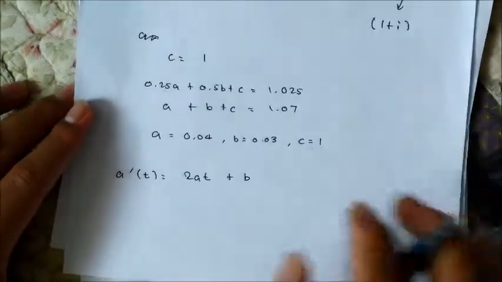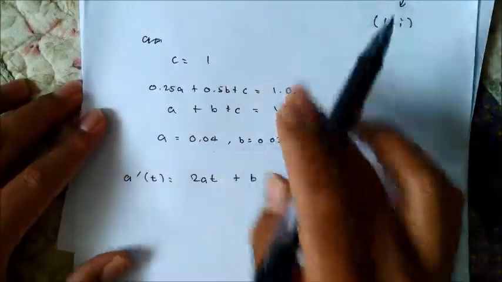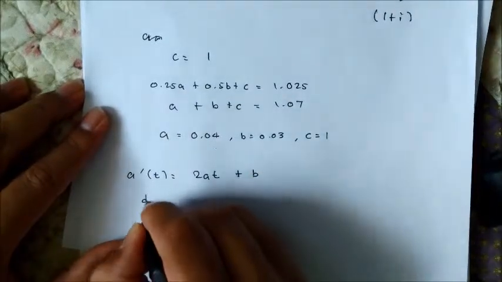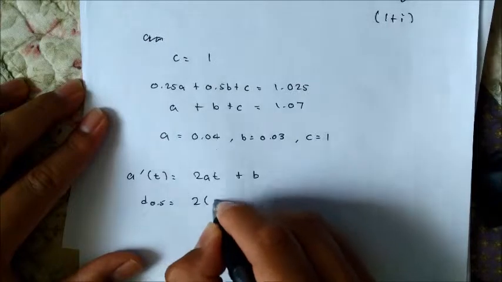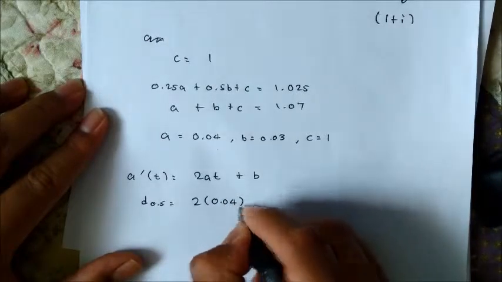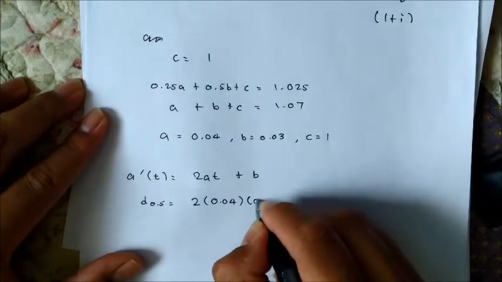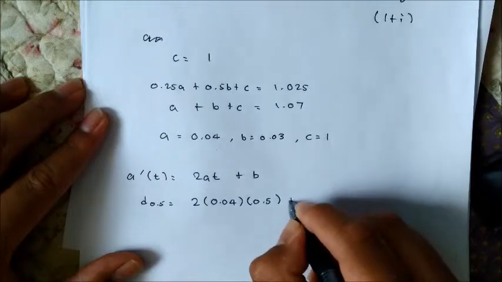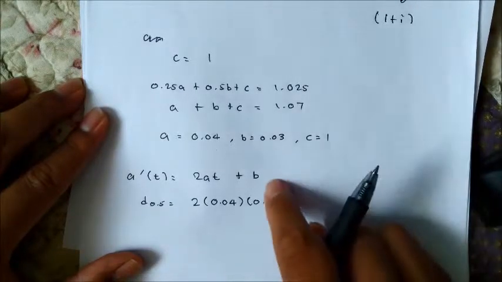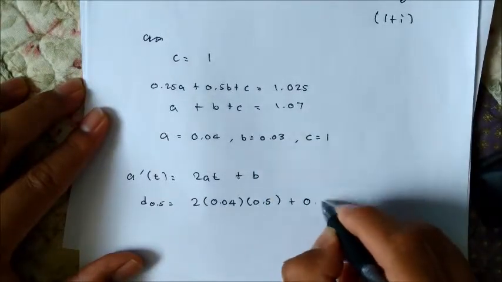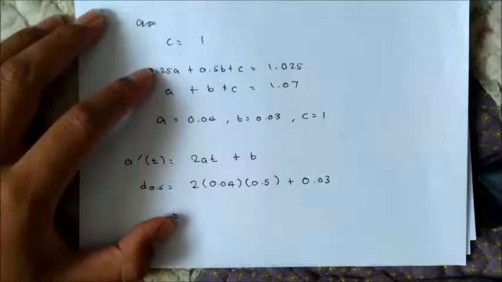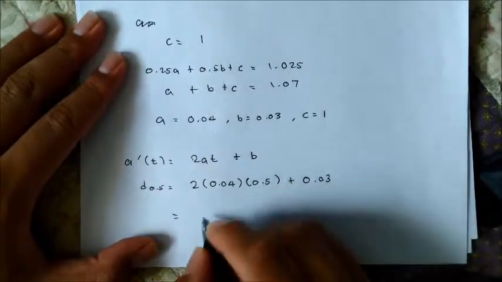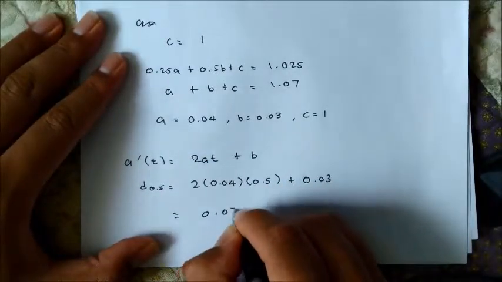Since the question asks for delta at 0.5, we get 2 times 0.04 times 0.5 plus b. b is 0.03, so we will get 0.07.